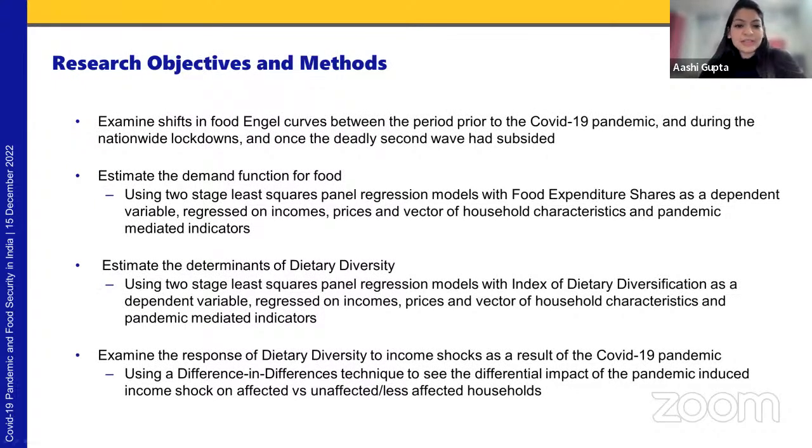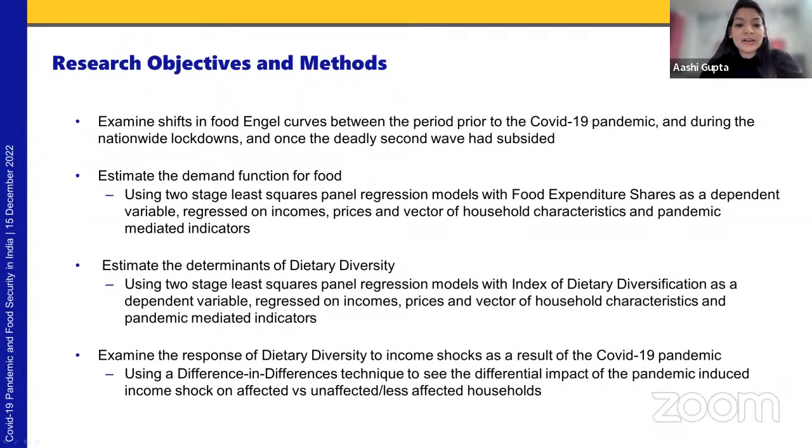So to briefly go over the research objectives and the methodologies used to achieve the same in our study. First, we examine the shift in food Engel curves between the period prior to the COVID-19 pandemic and during the nationwide lockdowns and once the deadly second wave had subsided.